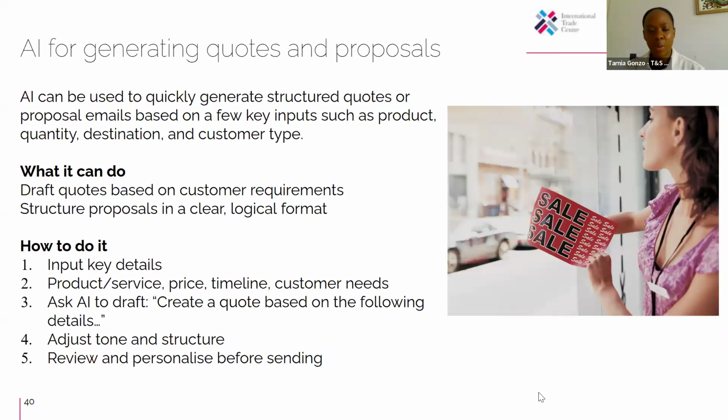You can also use it to generate quotes and proposals. So if you have a set price, so if this product costs 20 US dollars, this product costs 15, and then it costs this much to make it. If you have that data, you can use that to start to draft a quote based on the following details and personalize it to the user.